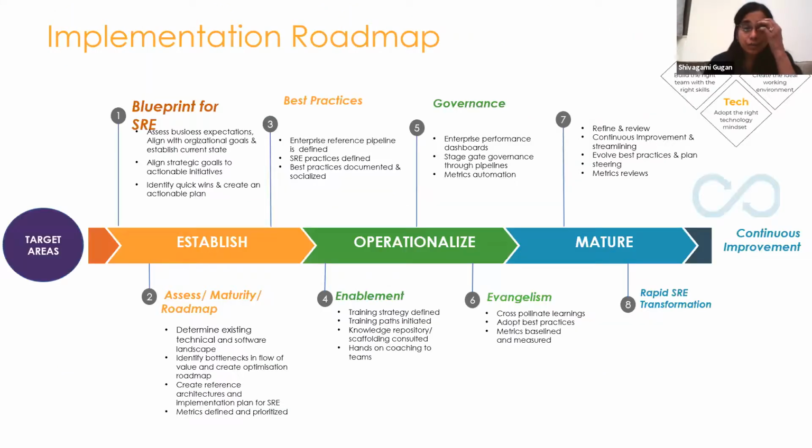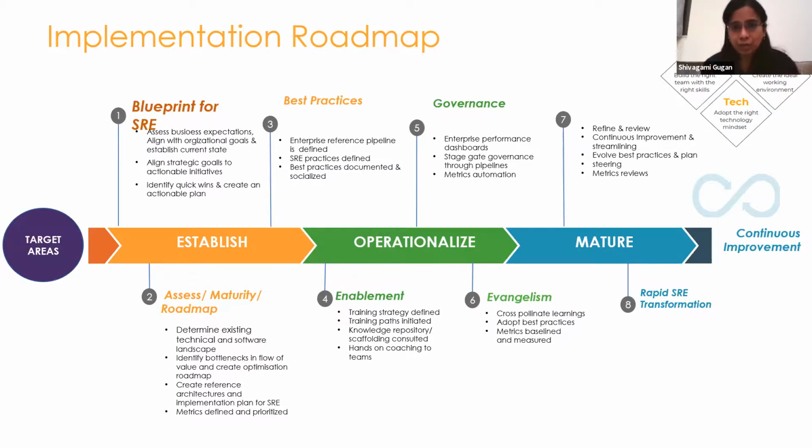So we can have an implementation roadmap. There are a lot of things, and I'm going to share these slides so you can read them. So technology, culture, people. And when I say people, you can upskill people, you can bring in new people, you can have this blend, and you can bring SREs from the operational side or from the development side.